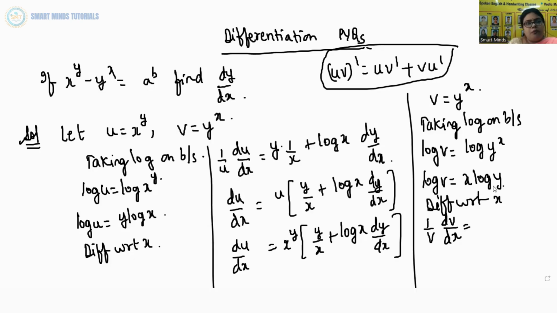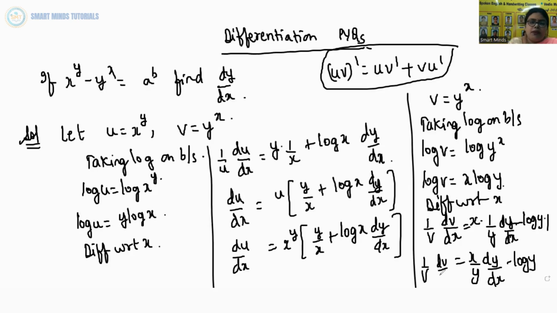Now here again we apply uv rule. x I write as it is. Log y I differentiate. So 1 by y dy by dx. Minus log y as it is, derivative of x is 1. So that is x by y dy by dx minus log y. This is the value of 1 by v dv by dx.